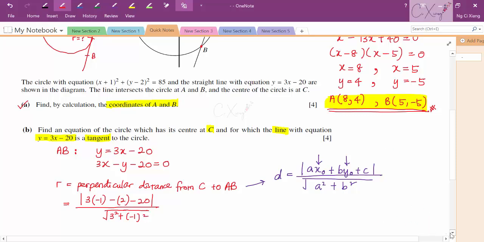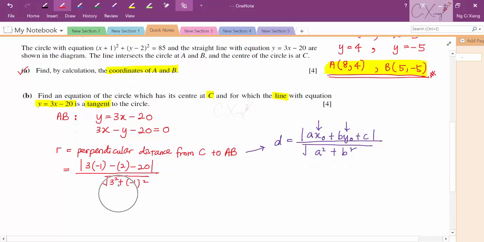This is what I have when I apply the perpendicular distance formula.